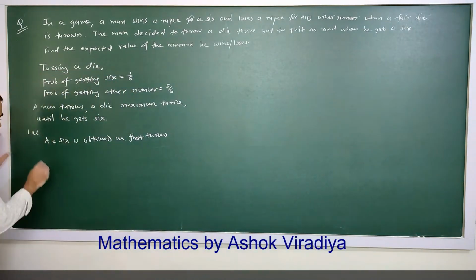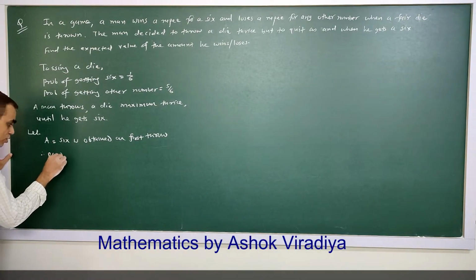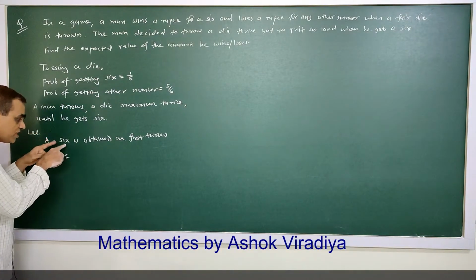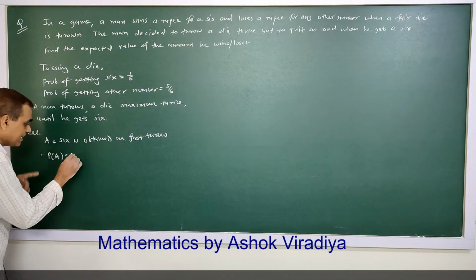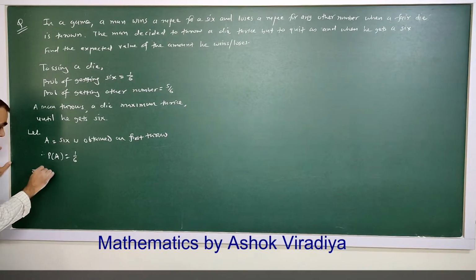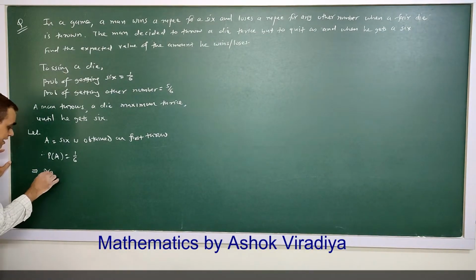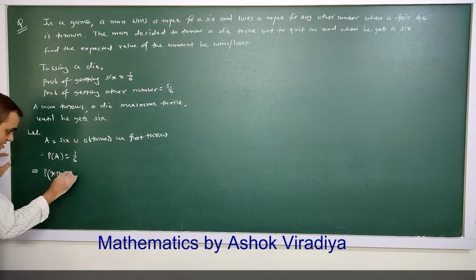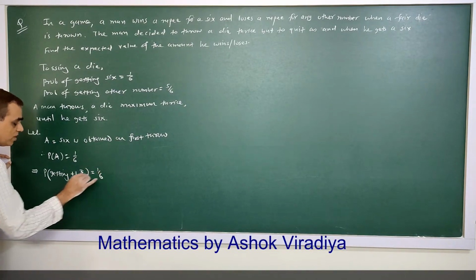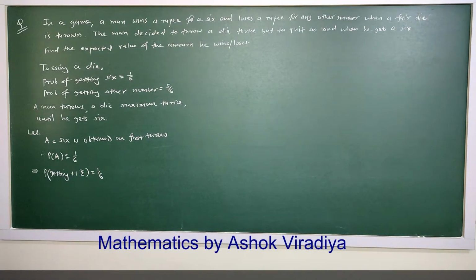So probability of this event, probability of event A, it is equal to first throw 6 is obtained, so probability of getting 6, that is 1 by 6. So that means probability of getting plus 1 rupee is equal to 1 by 6. So winning amount plus 1 rupee.